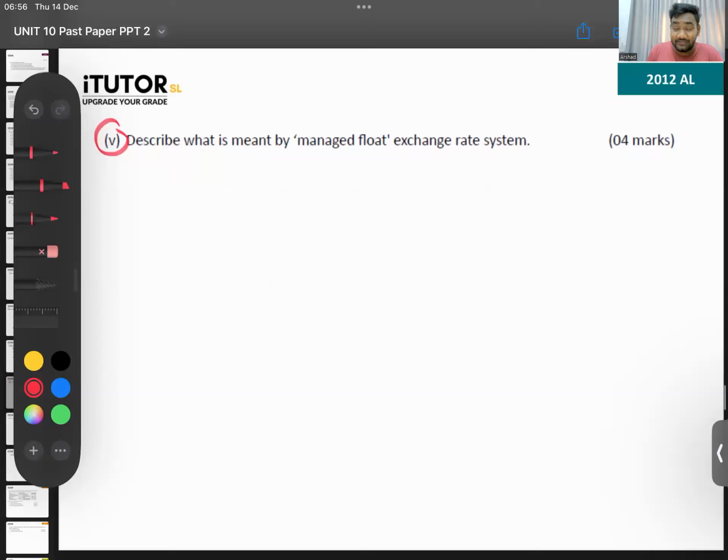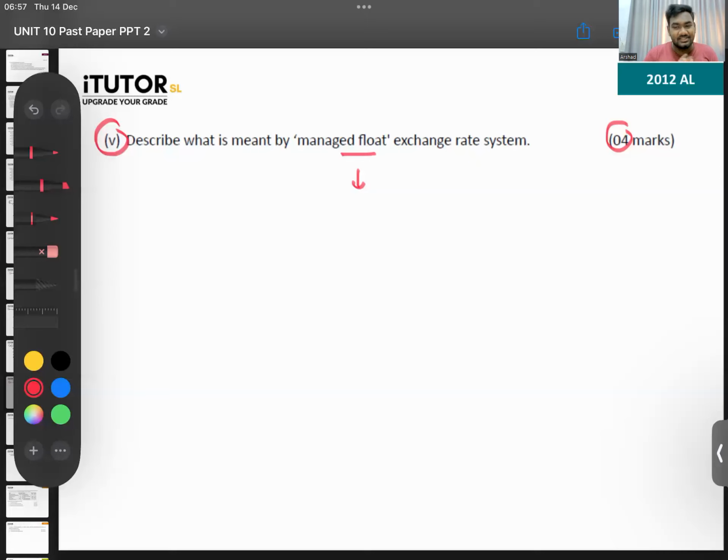What is meant by a managed floating exchange rate system? This is something we discussed before also. Now you have to write for 4 marks. Earlier, when you were distinguishing in the previous paper, you wrote for 2 marks, so now expand your answer. Start by saying a managed floating exchange rate is a combination of a floating and a fixed system, designed to get the benefits of both.